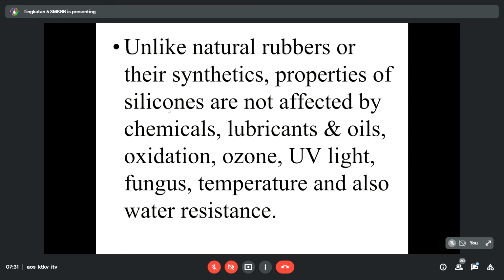Normally the properties which make silicone much better than the other types of polymer are that it's inert, that means not affected by any chemicals, no need to worry about acid, no need to worry about alkaline, and of course silicone is non-toxic.